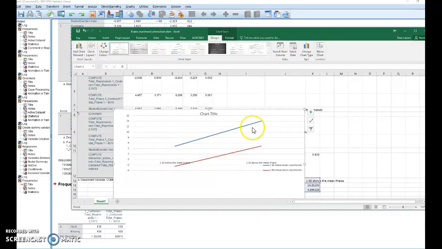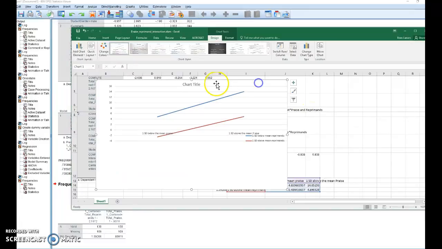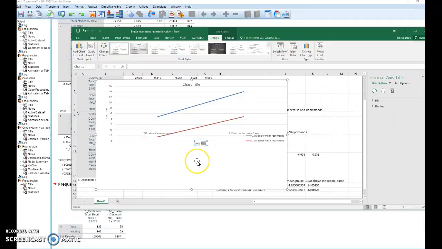And as we can see, we have two parallel lines, which is exactly what the non-significant interaction tells us. The slope between these things does not vary very much. Add some axis titles. So this is going to be the value of praise, and this title is going to be total engagement.